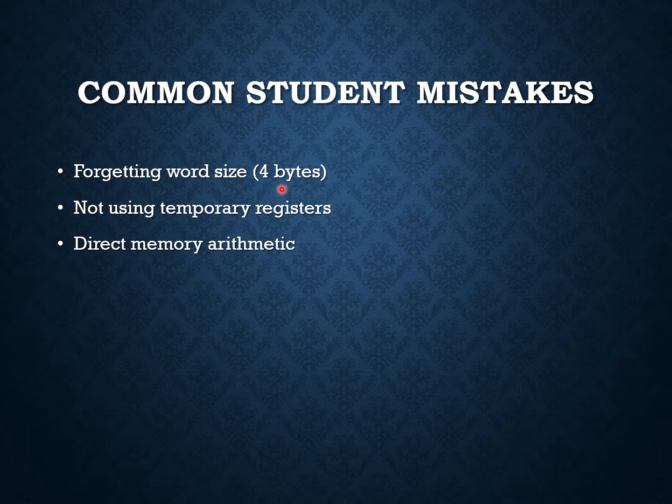Also skipping temporary registers: don't forget which registers you are storing in. First write which register you are storing in, and after that perform the operation. Also, don't assume memory behaves like a variable, with direct memory arithmetic. You don't have to do that. If you slow down and respect the process, MIPS becomes one of the easiest scoring topics.